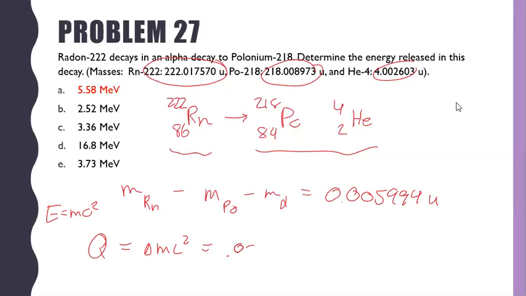So 0.005994 u has to get multiplied by c squared, but here's the trick. On the equation sheet, there is a factor that says that 1 u is 931.5 MeV per c squared. Well, this allows me to cancel out the c squared and the u, and then just do this multiplication, and that ends up at 5.58 MeV.